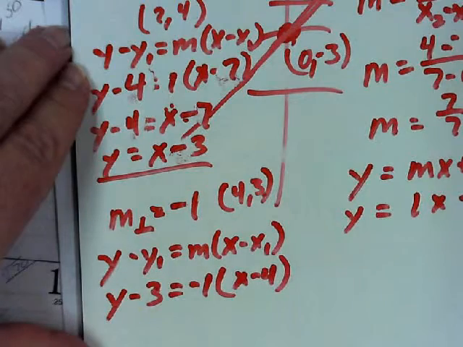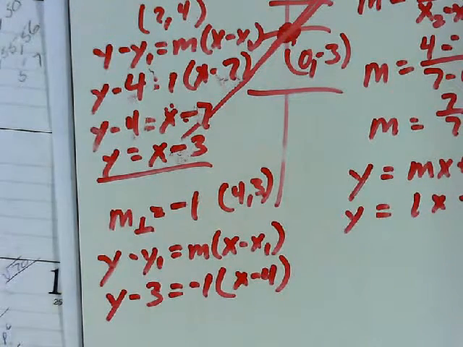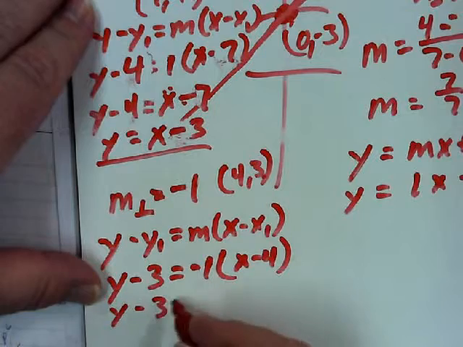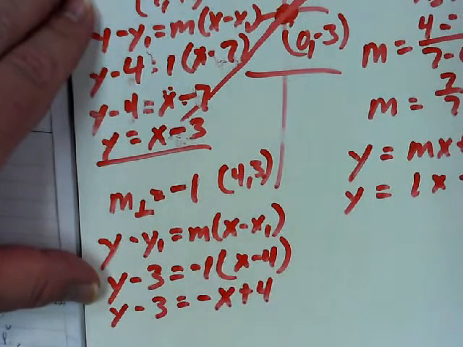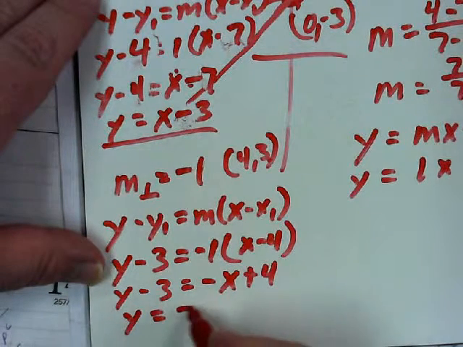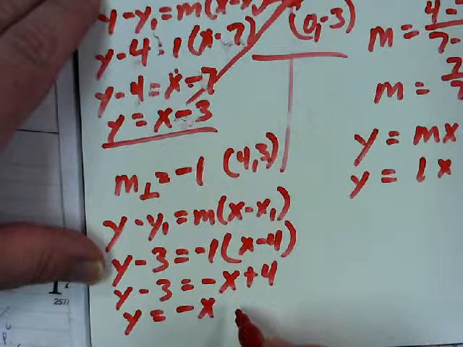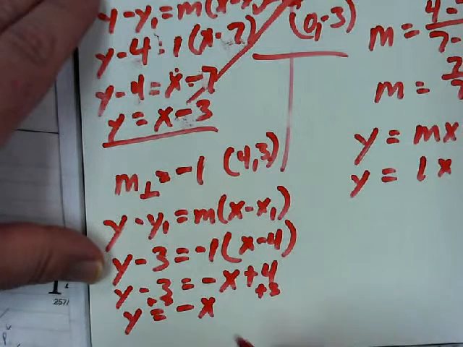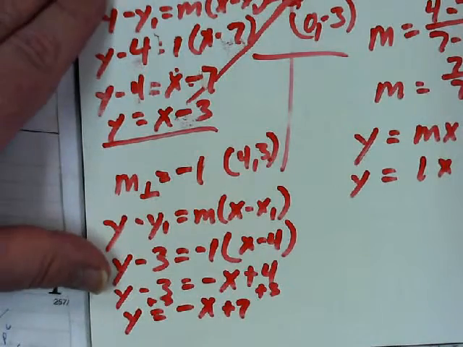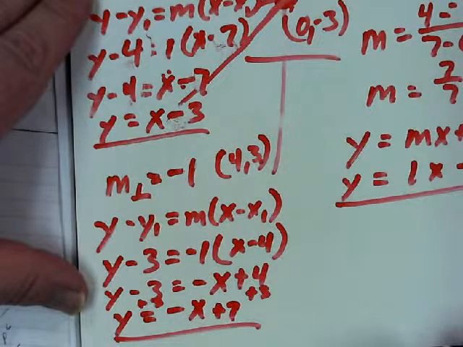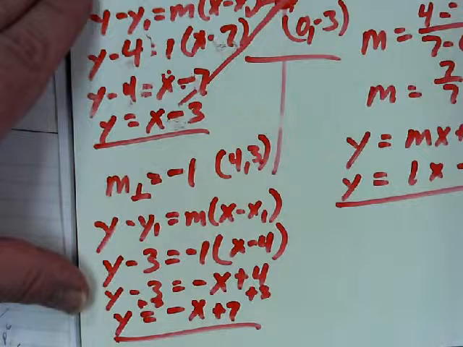When I put it into here, it makes it a negative. So it'd be y minus 3 equals -1 times x minus 4. Times -1, so it'd be y minus 3 equals -x plus 4. Now what? Add 3. So if I add 3 here and I add 3 here, what does it become? So now I have 2 equations. Correct?